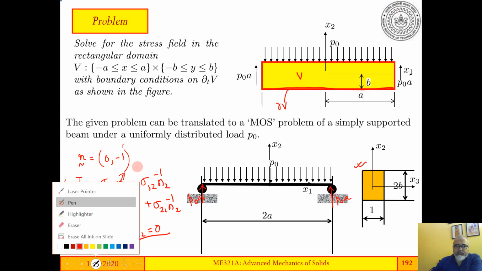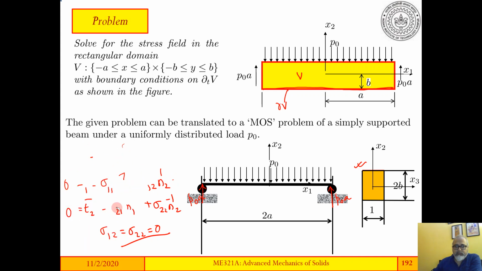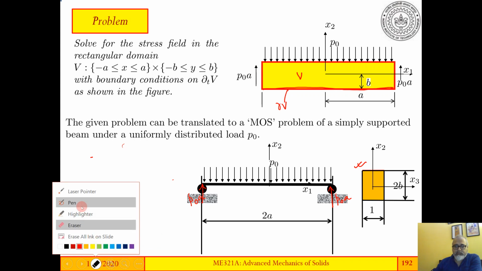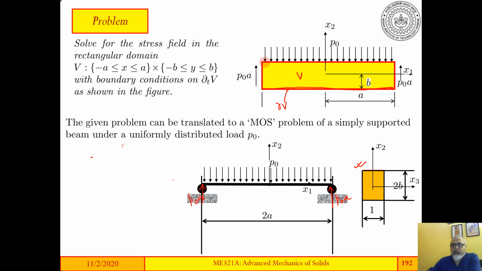What about the top boundary? On this boundary, the normal is 0, 1, which means that T1 bar is equal to sigma 1 1 n1 plus sigma 1 2 n2. This is 0 because n1 is 0, and this is equal to sigma 1 2.